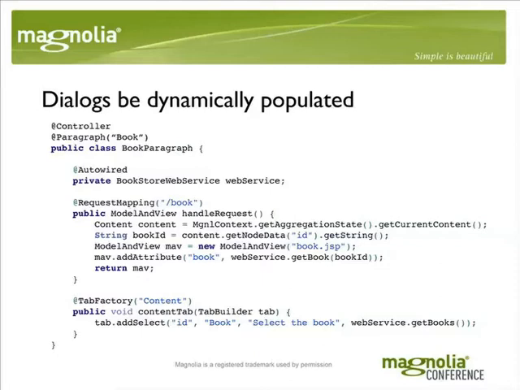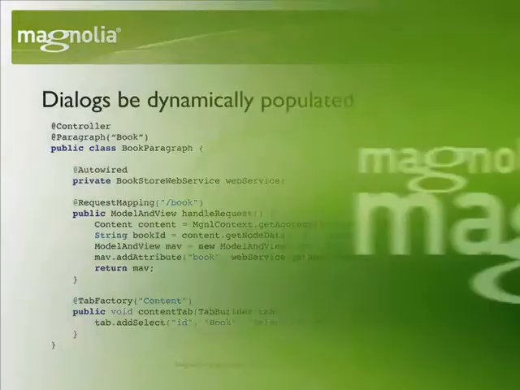And at the bottom you can see a method annotated with tab factory. So in the handle request here, let's start at the content tab method. What happens there is the dialog is populated dynamically with the books available from this web service.